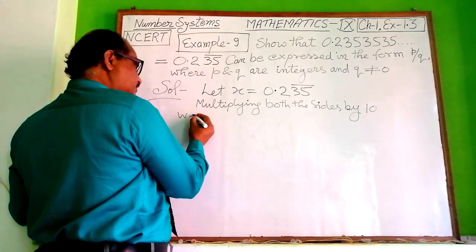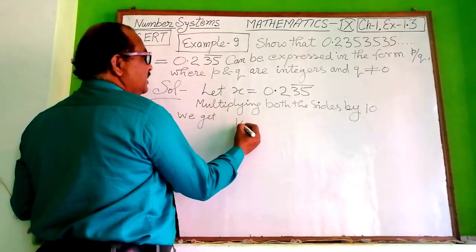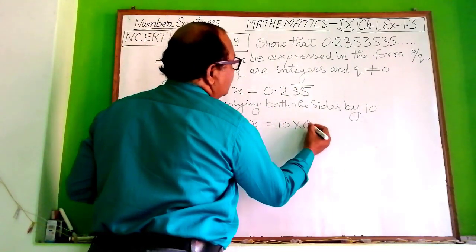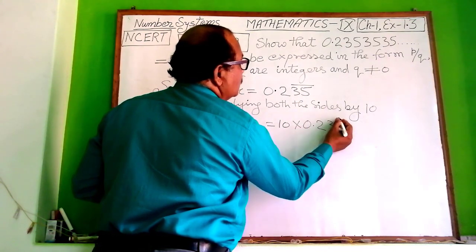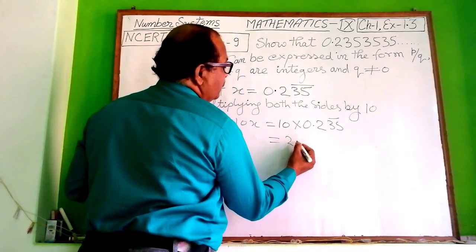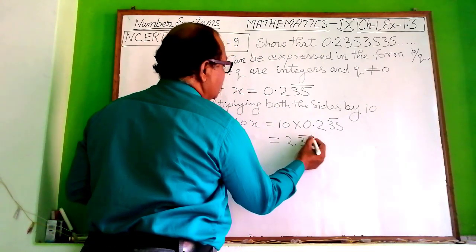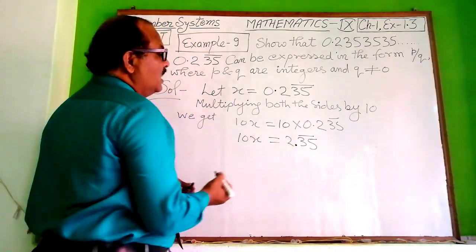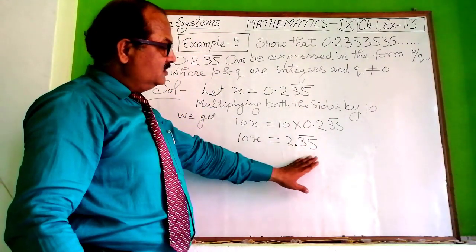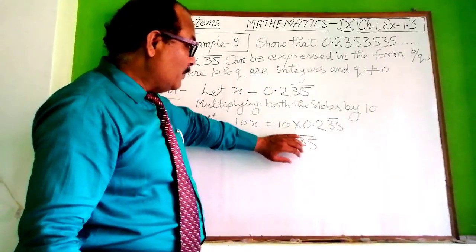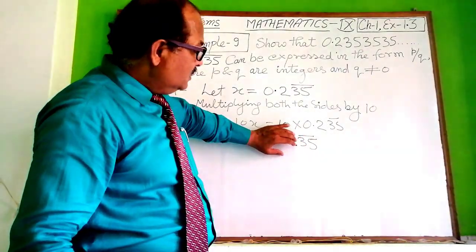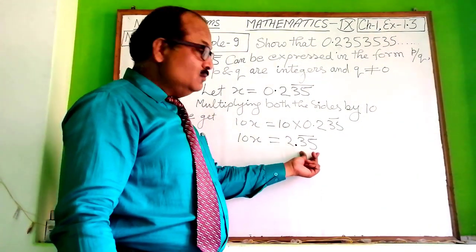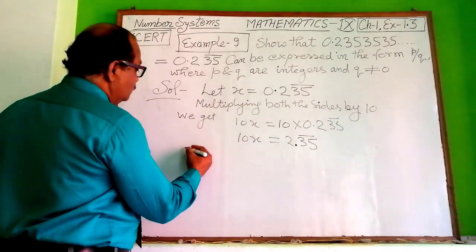So we get 10x is equal to 2.35 repeating. Now you can see this number is repeating after the decimal. Both digits are repeating. Now applying the previous method, how many digits are repeating after the decimal place? Only 2 digits.